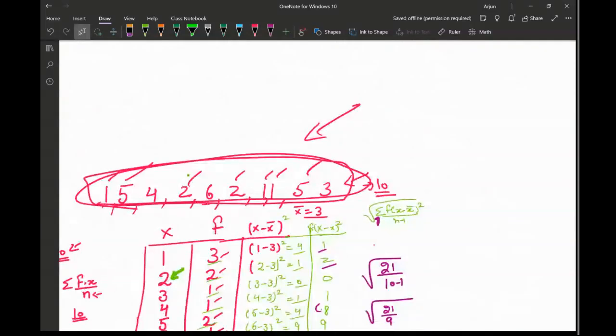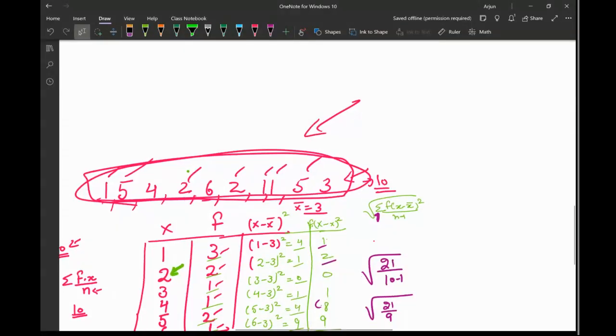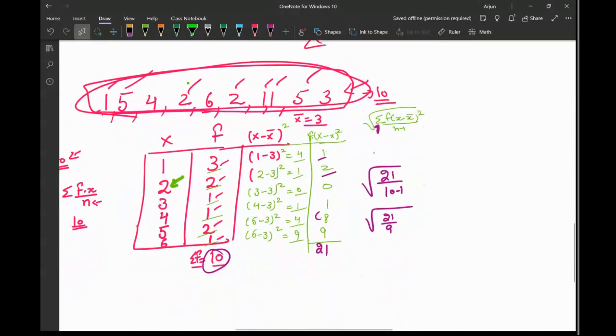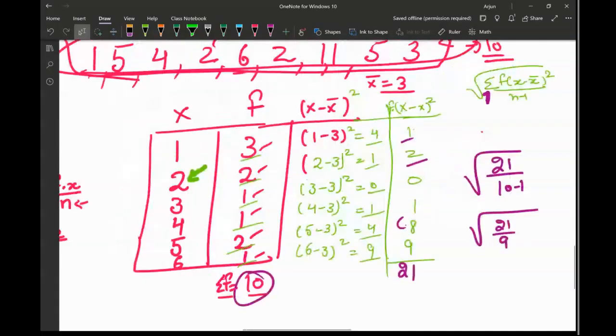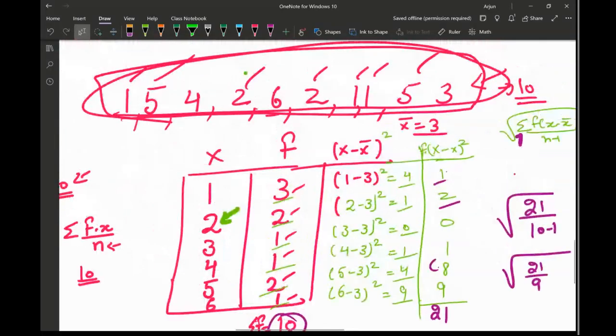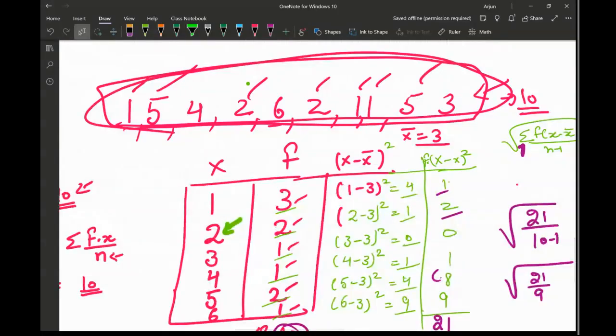If I take the square root of 2.3, which is 1.51, my answer is off by a little bit. I just quickly need to check why, and whether I'm missing any data point here.